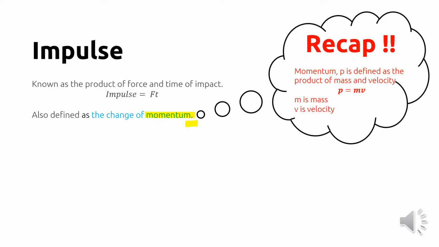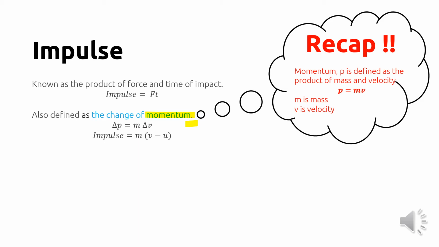Now, let's get back here. When we talk about the change of momentum, the symbol is delta P. For a constant mass, delta P is equal to m times delta v. Delta v can be written as v minus u, where v is the final velocity and u is the initial velocity.